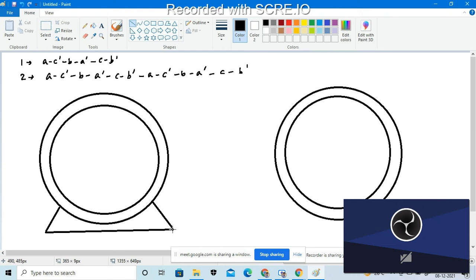This is actually the base of a machine. Okay, so now we have to erase some portions.